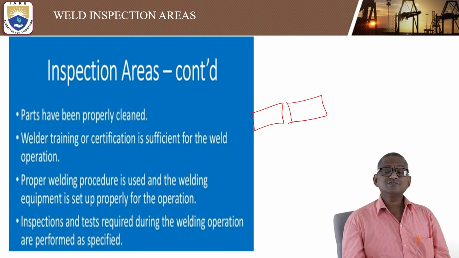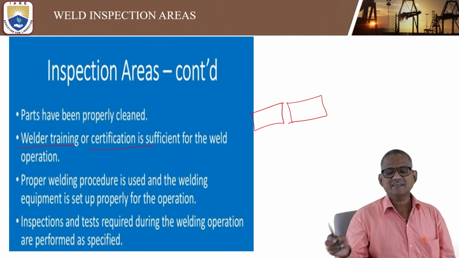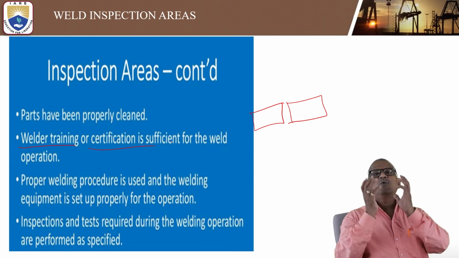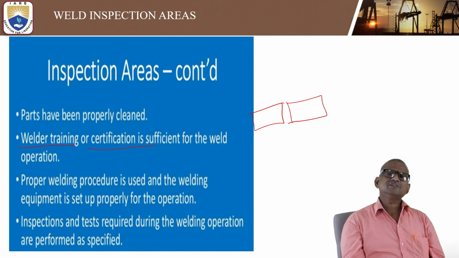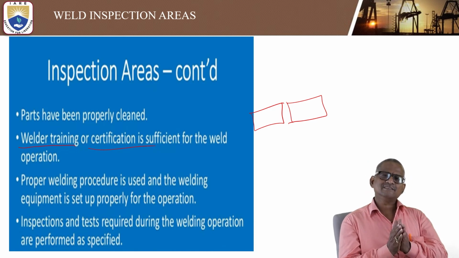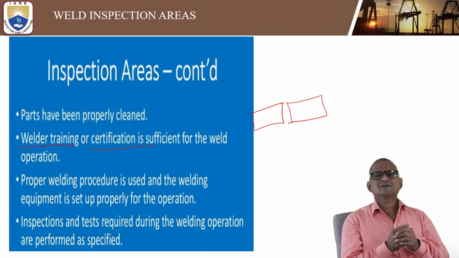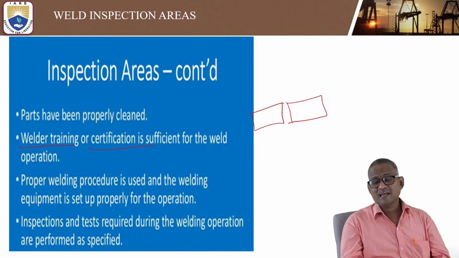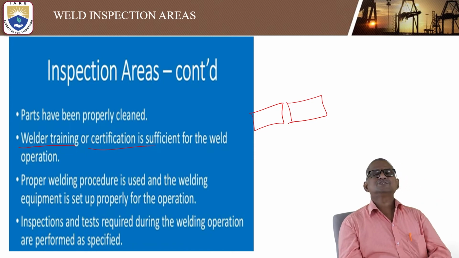Another interesting thing is whether welder training and certification is sufficient for the weld operation. Especially even in academic institutions, students who want to perform welding are not allowed. Why? Because sparks can come out. It is very bright, and if it falls, your eyes may be spoiled.